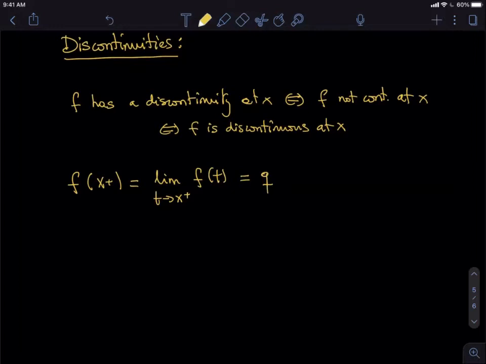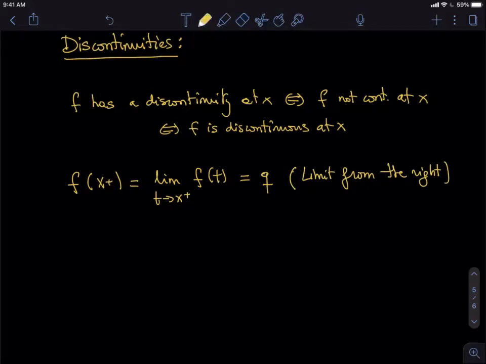This is what I was calling the limit from the right. The way to remember the plus is to think about x equals 0: x plus is whatever is on the right, on the plus side. That's the trick to remember.